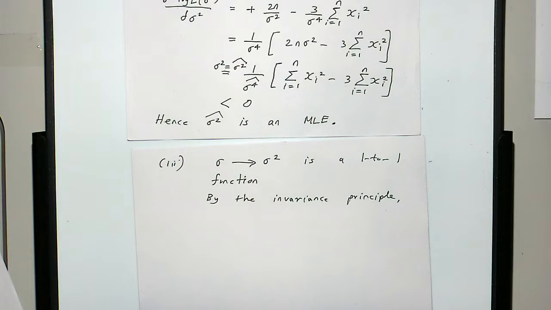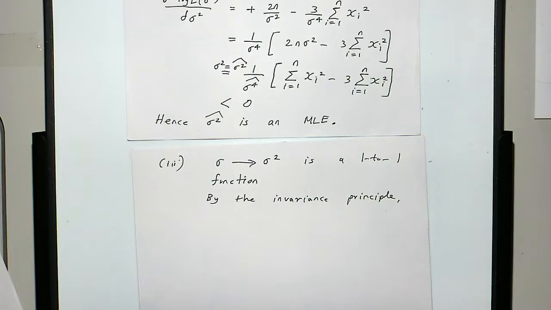This is one of the properties of MLE: if g is a one-to-one function, then g of theta hat is the MLE of g of theta. These are properties of MLEs that I talked about a while ago.